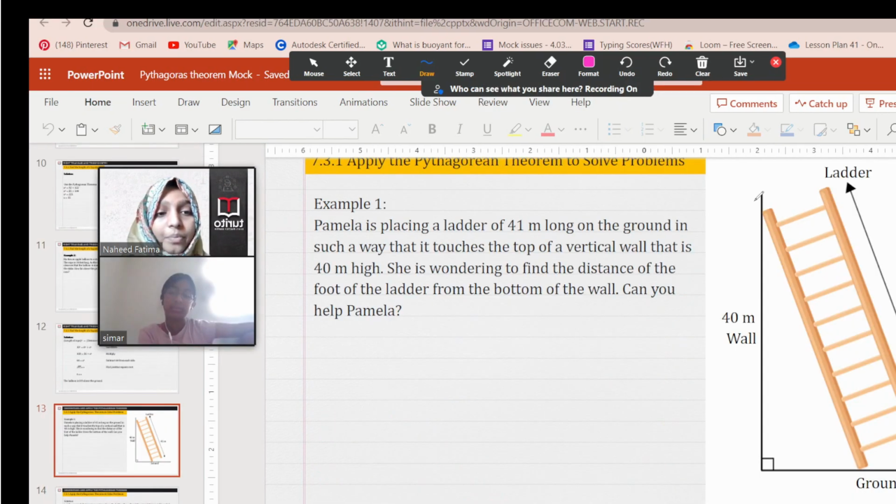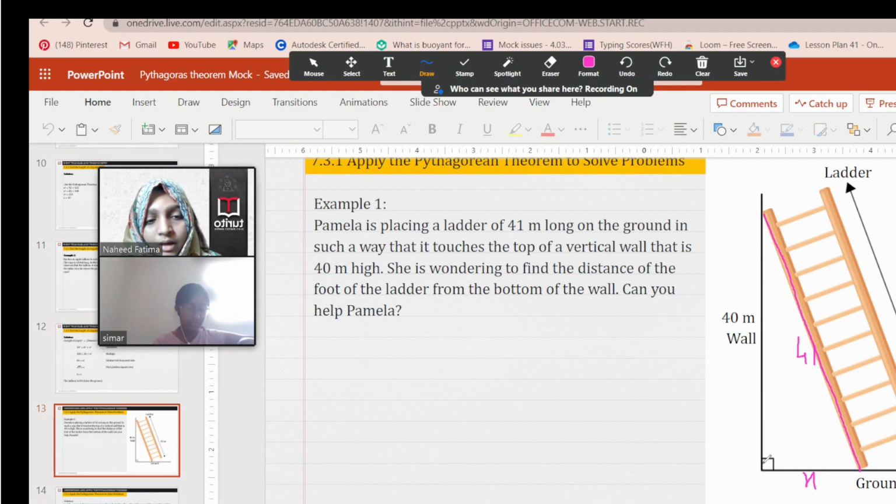Yeah. So your ladder's length is 41, the wall where the ladder is touching is 40, and the distance from the ground is, let's take that as x. Now we know walls are always 90 degrees to the ground, right?